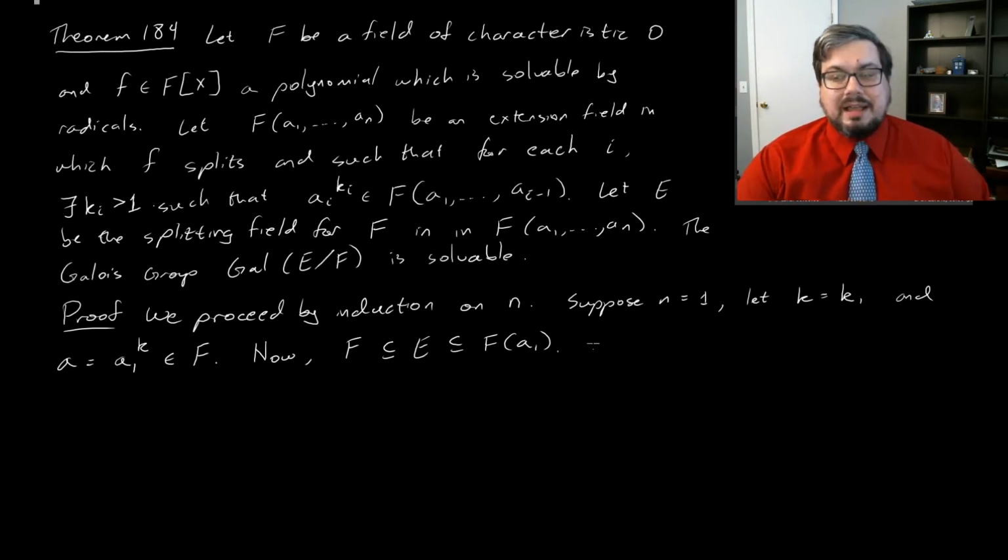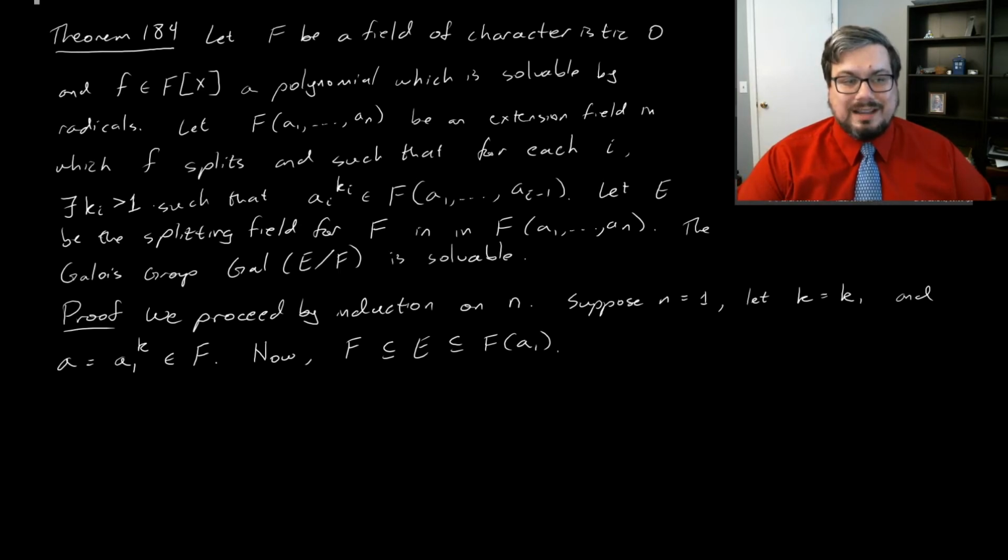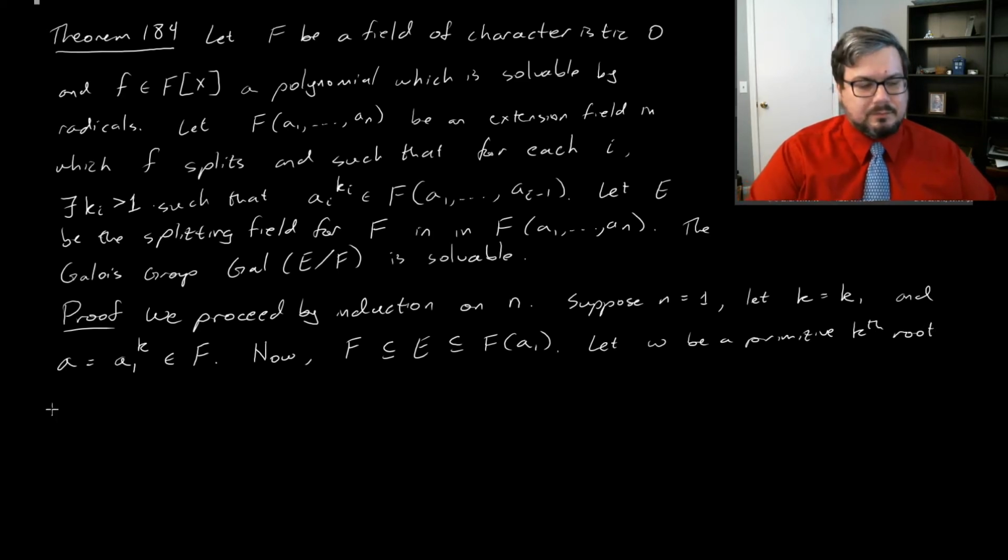Now, by theorem 182, we can let omega be a primitive kth root of unity in an extension field of F(a1).